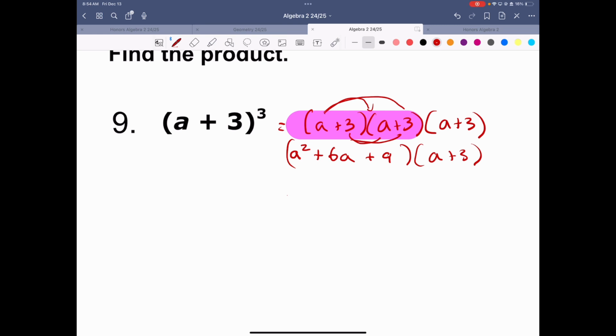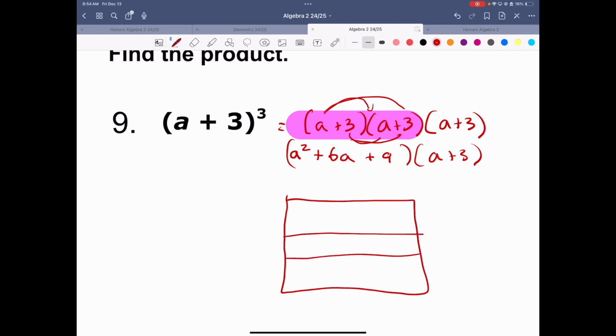So then since I have 3, now I'm going to do the box method for this.